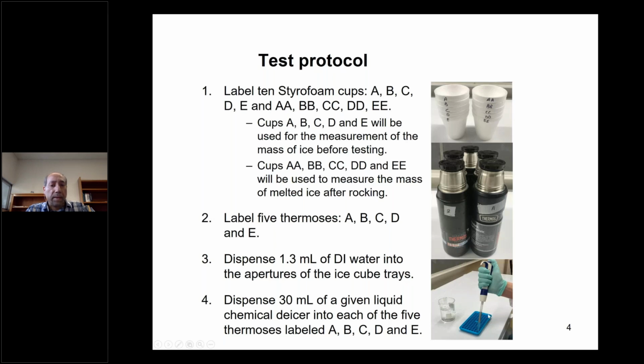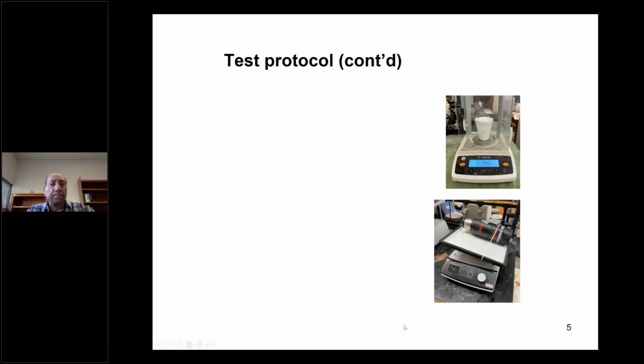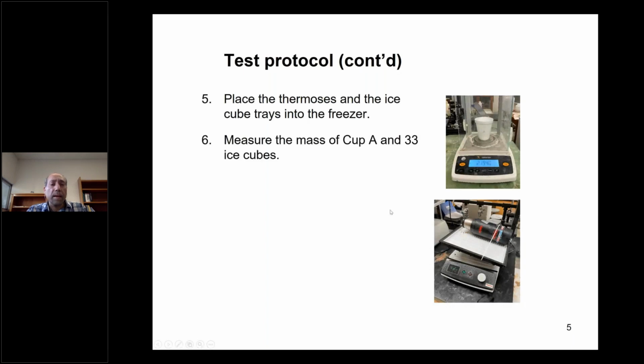After that, we put 30 milliliter of liquid chemical deicer into each of the 5 thermoses labeled A to E. Then we place the thermoses and the ice cube trays into the freezer. After that, we measured the mass of cup A and 33 ice cubes.